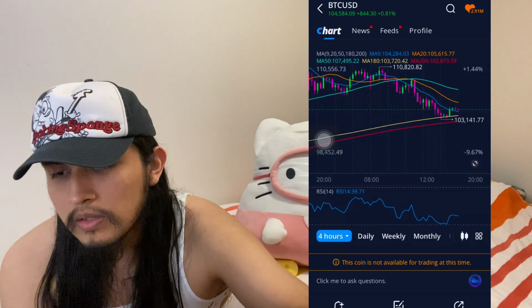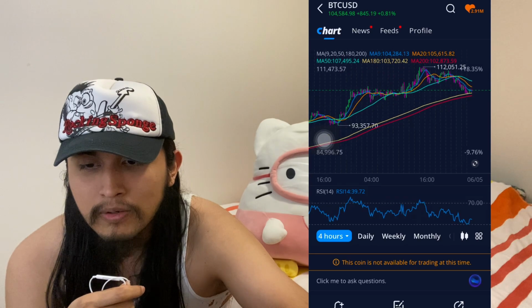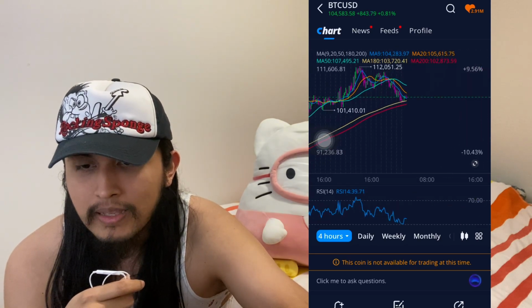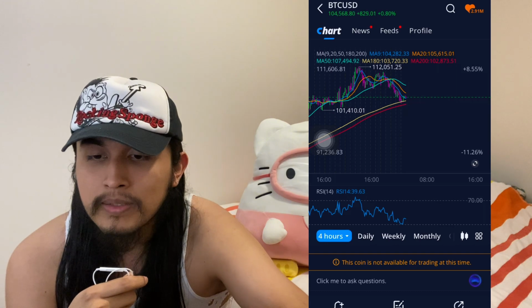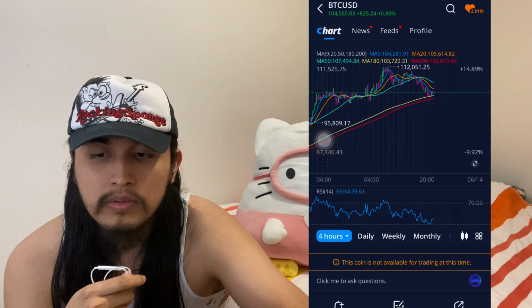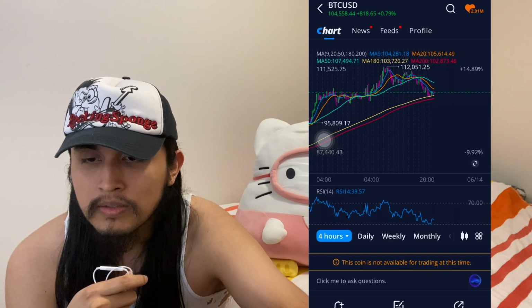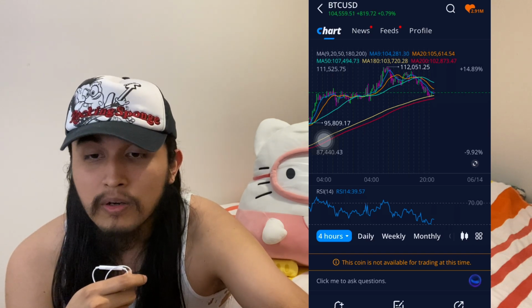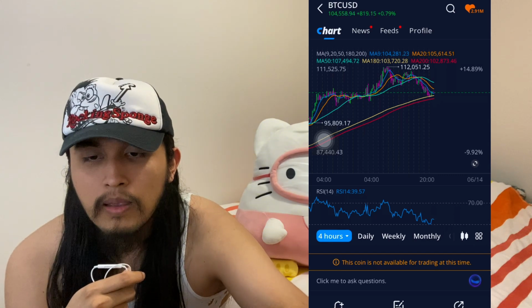But the overall long-term trend of Bitcoin I currently see is that we can still see further upside, because we have not yet crossed below the 180 and 200-day moving averages. If that does occur, then we could see Bitcoin go down even further.